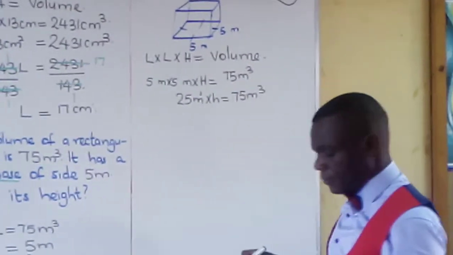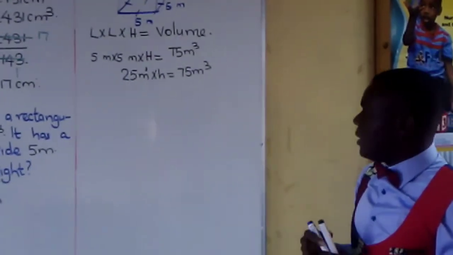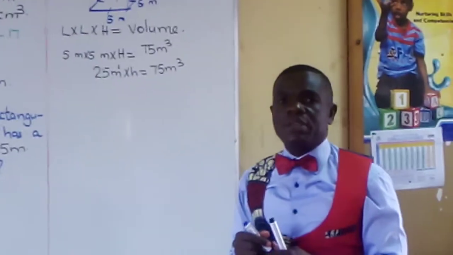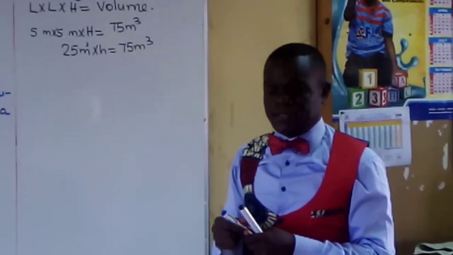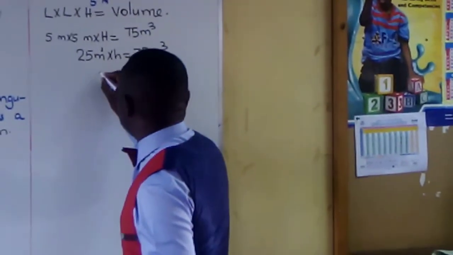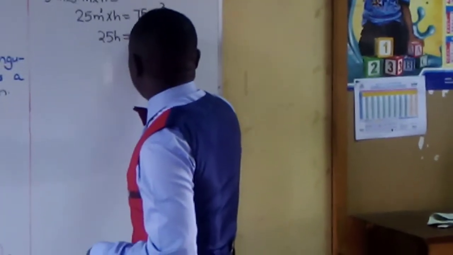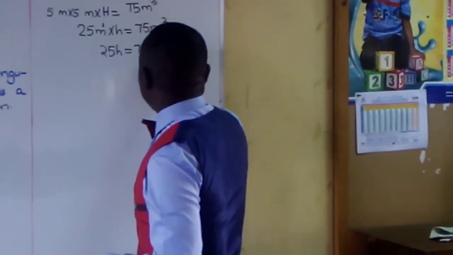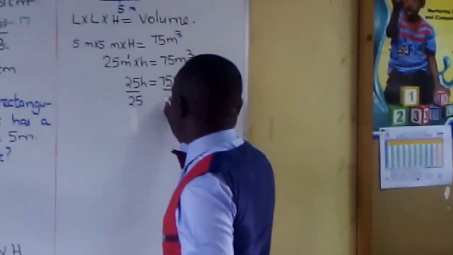Again, when we are multiplying that, Shimuli, thank you. It is 25h. 25h is equal to 75 cubic meters. So we divide both sides by 25. Boys and girls, allow me to do this very quickly because of time.